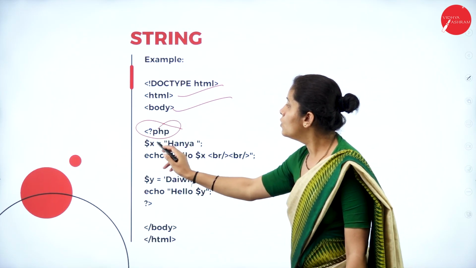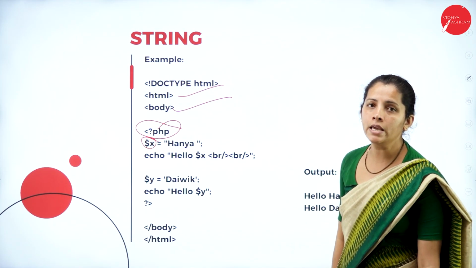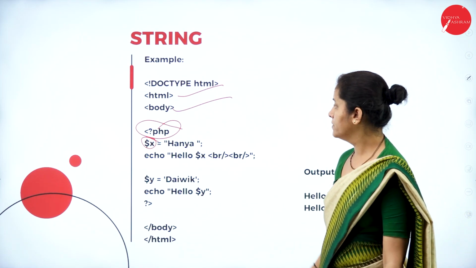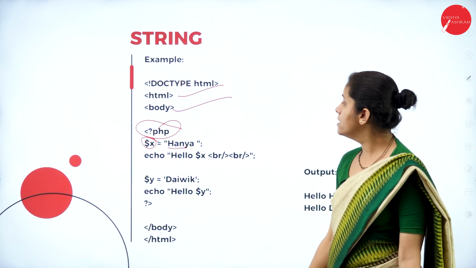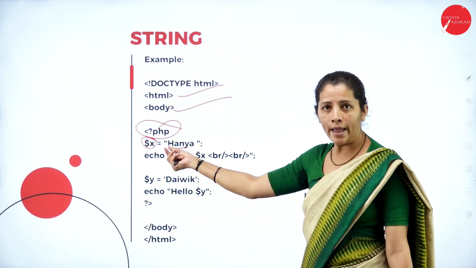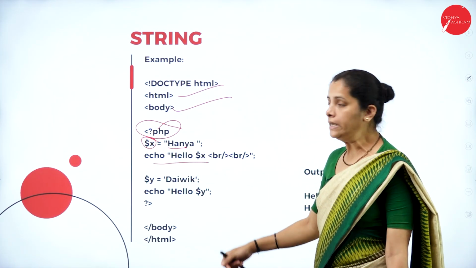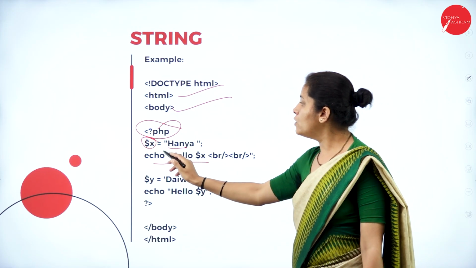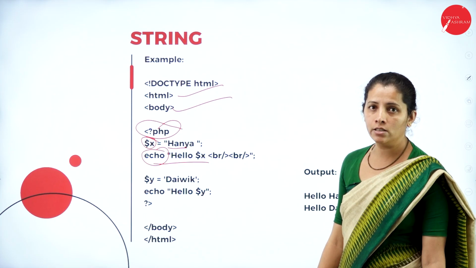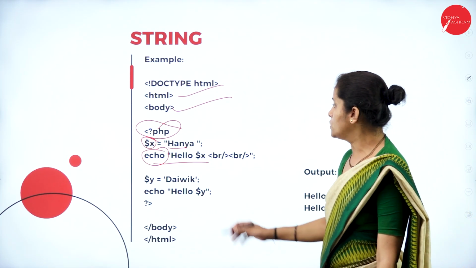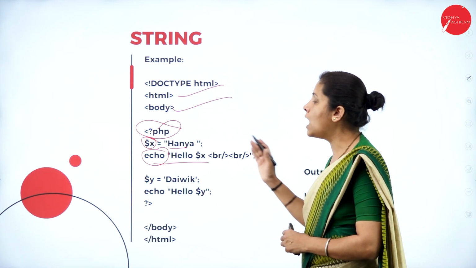Here, what is X? X is nothing but a variable of the type string. I'm assigning the string Hania to X and printing the string. Echo is a method used to display the content on the monitor or on the screen. So the message I'm expecting here is hello Hania.